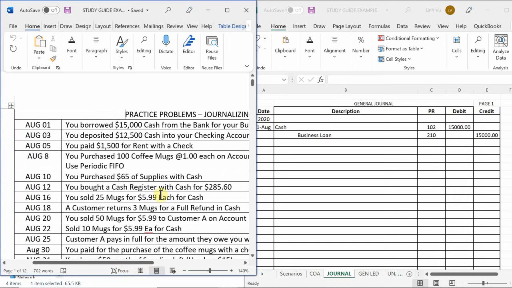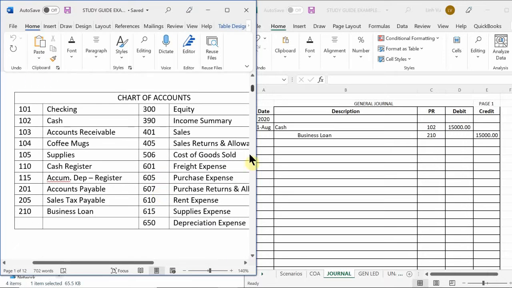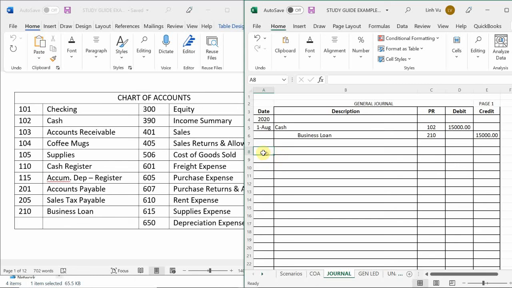You deposited $12,500 worth of cash into your checking account. Checking and cash. Good, right? So this one's pretty straightforward, right? We're putting our cash into the checking account. And yes, this is a real transaction that can occur.